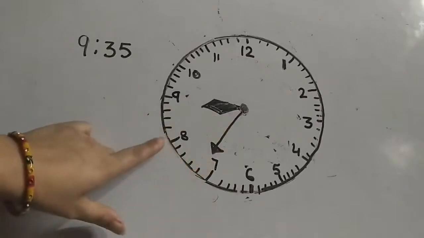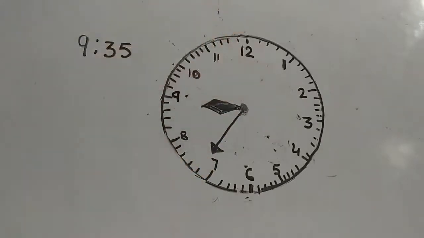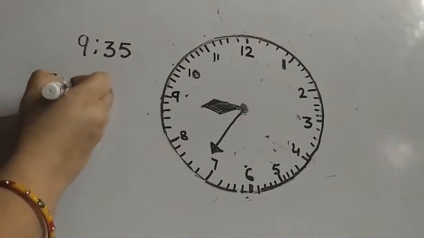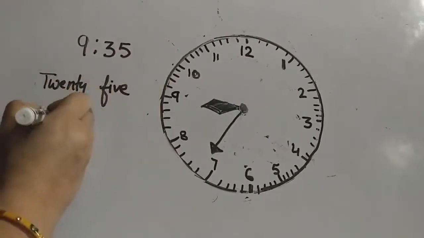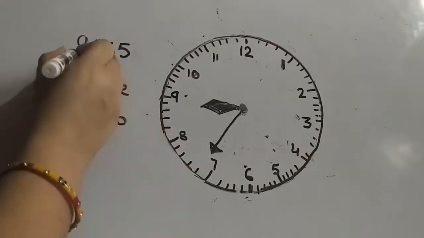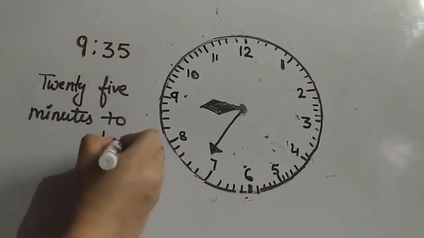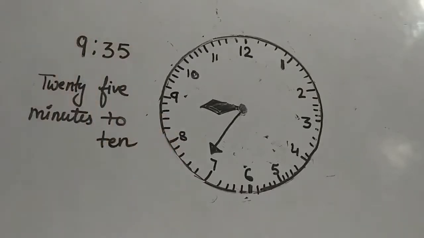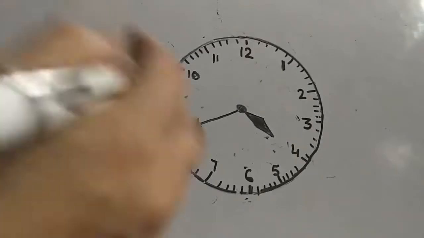So 5, 10, 15, 20 and 25 minutes are left to 10. So we will write 25 minutes to next. Next means next to 9, that is 10. 25 minutes to 10.